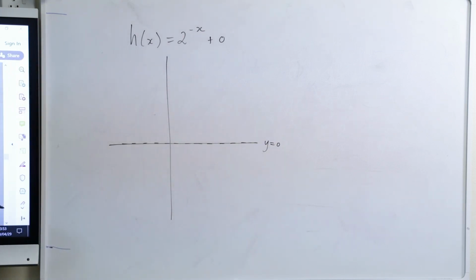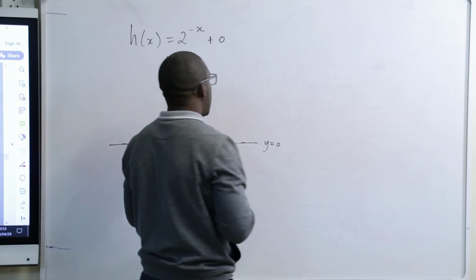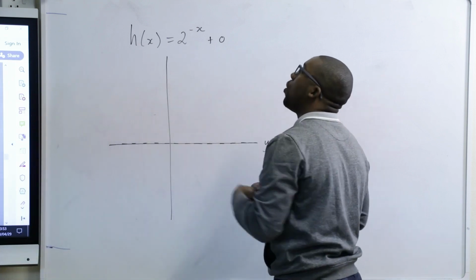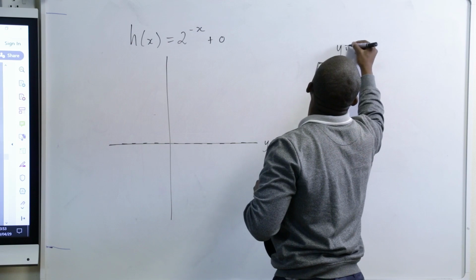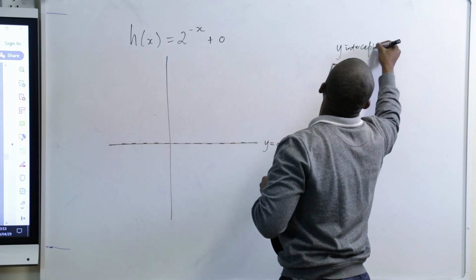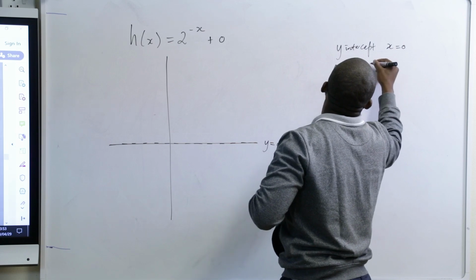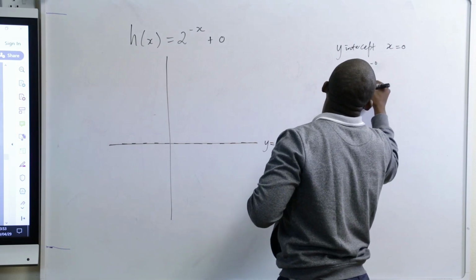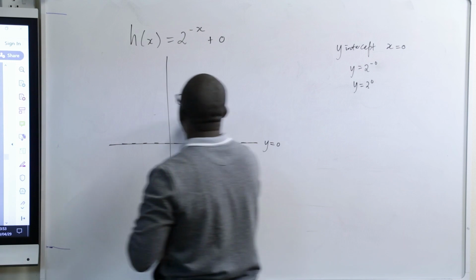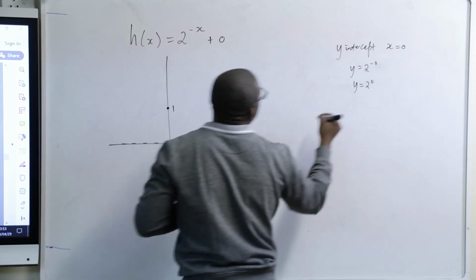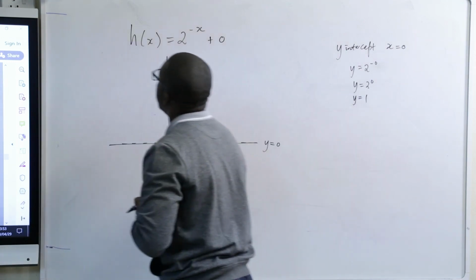Then we need its x-intercept and its y-intercept. For the y-intercept, x is equal to 0, so y is equal to 2 to the minus 0. It's just y is equal to 2 to the 0, which is 1. Y is equal to 1.